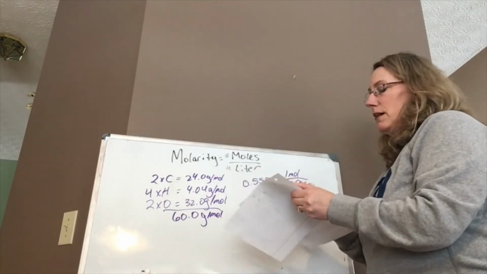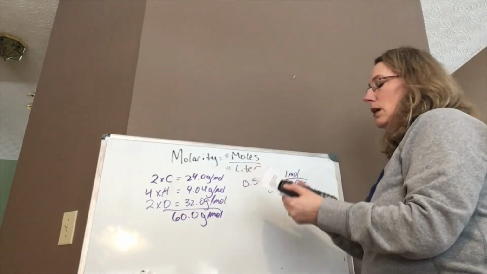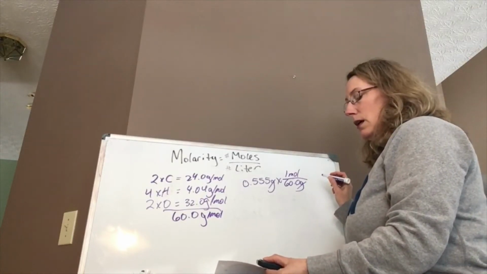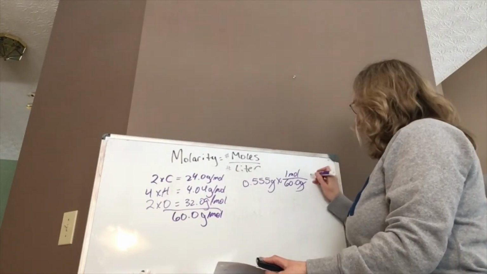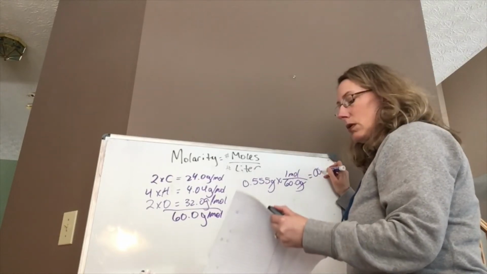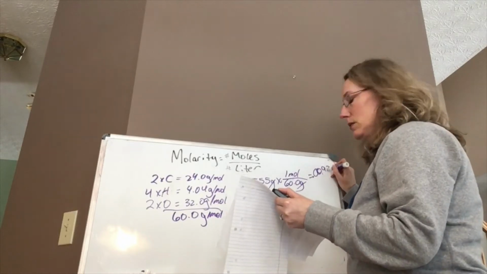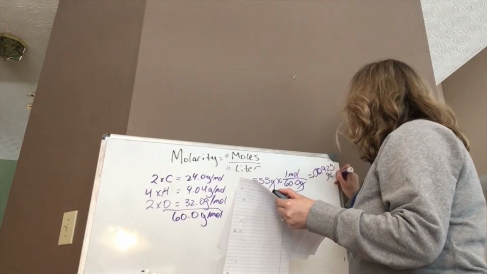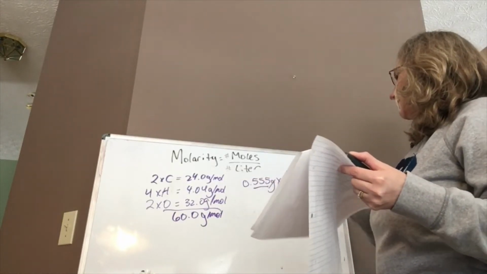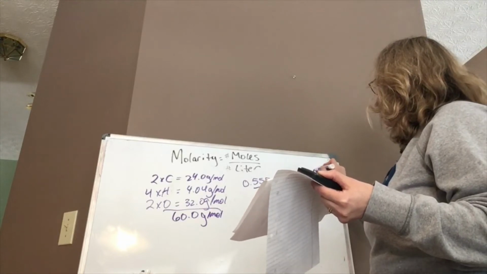So 0.555 divided by 60 gets me how many moles of acetic acid I used. And that should be 0.00925. I have 3 significant digits here and 3 significant digits here, so I should have 3 significant digits in my answer. Those are zeros.